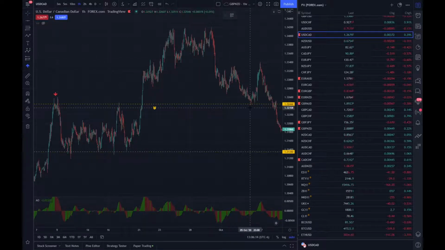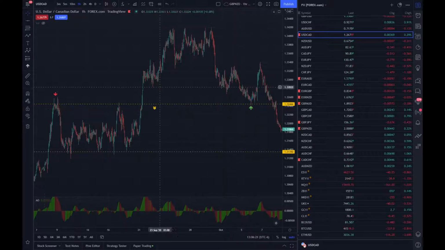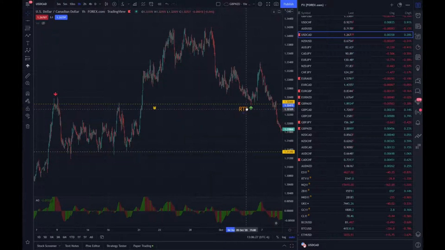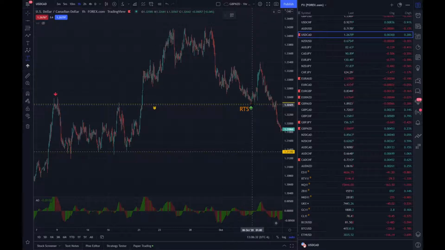But at this point, we did get a very weak RTS. It was short-lived, and it wasn't as big of a trade as the one on Nike by any stretch of the imagination.